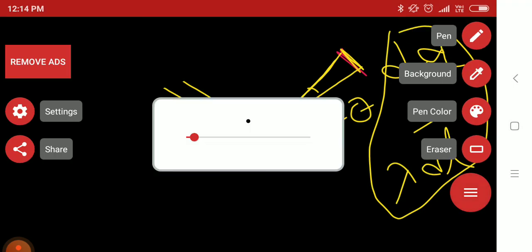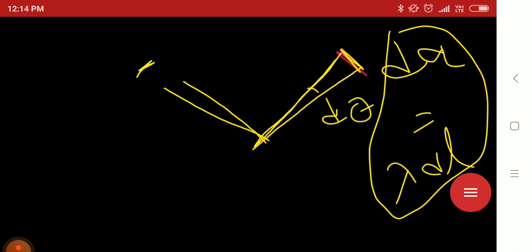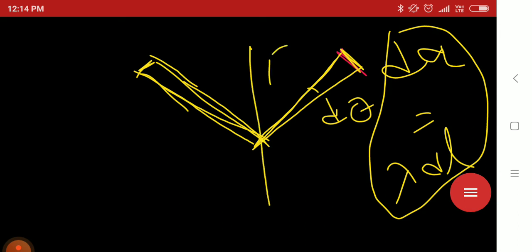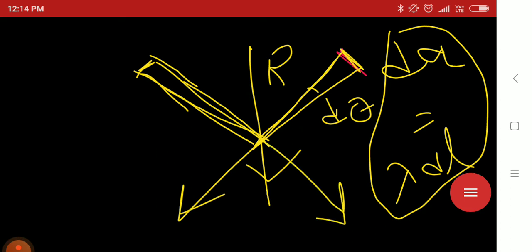Let me write the plane. Here, this dq is lambda d theta, and here it is r. Due to this dq, an electric field is there, and so due to this dq, E1 electric field is there.